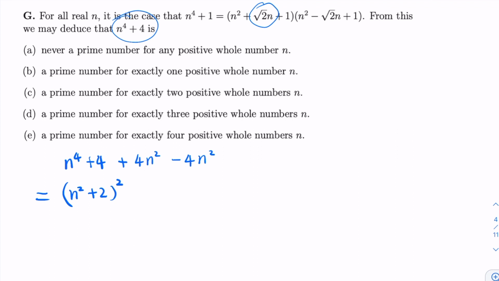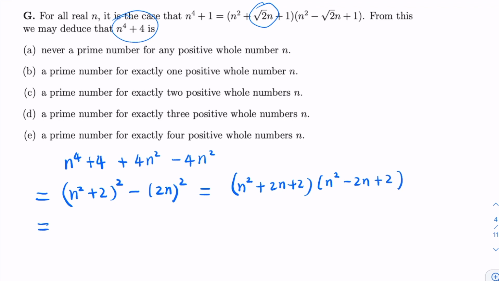Here what you get is n to the fourth plus 4n squared plus 4. These three terms are completing the square. And then you have minus 4n squared, or rather 2n squared squared. So what do you get? You get n squared plus 2n plus 2 and n squared minus 2n plus 2.